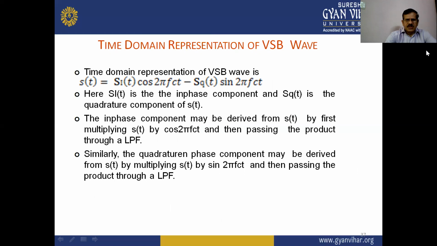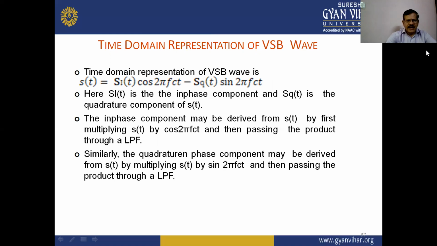Now the representation of the VSB wave in time domain. The time domain representation of the VSB wave is s(t) equal to s_I(t) cos 2 pi f_c t minus s_Q(t) sin 2 pi f_c t. This is the time domain representation of the VSB wave in mathematical form.